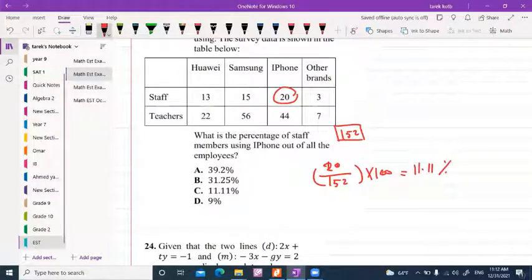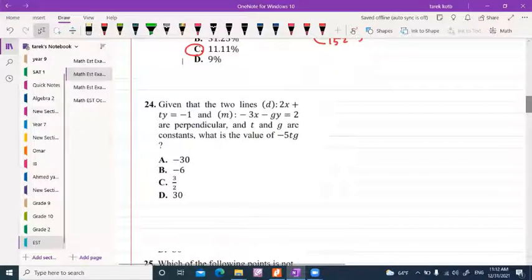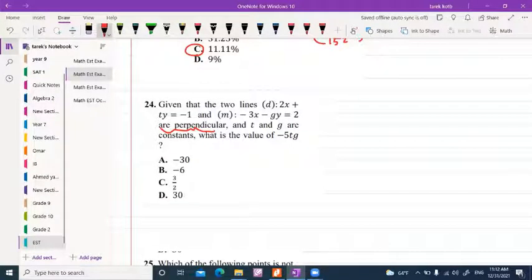Number 24. Given that two lines D and M are perpendicular. Perpendicular means the slope of one of them is the reciprocal slope of the other one with a different sign. What is the value of negative 5 gt? Let me get the slope of the first line.